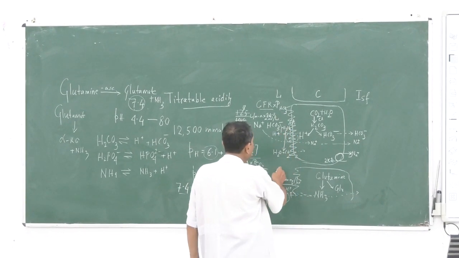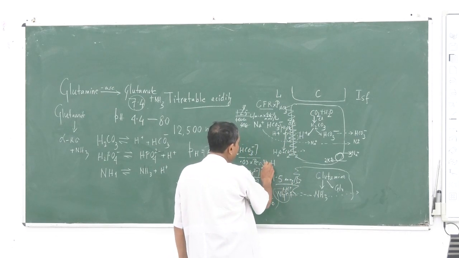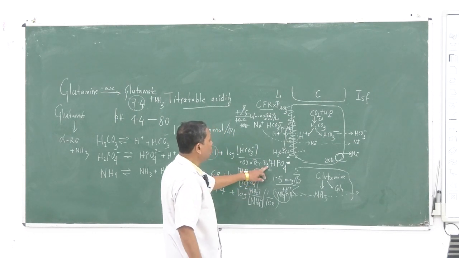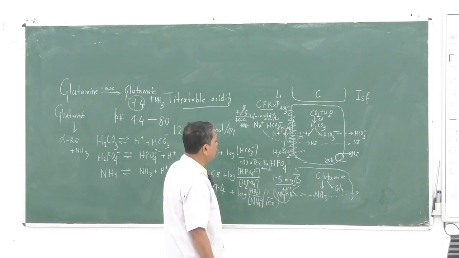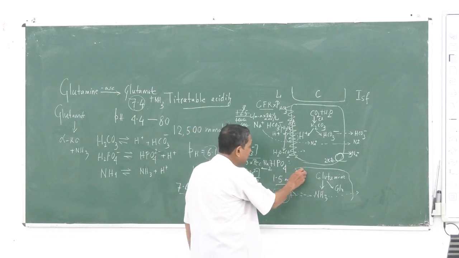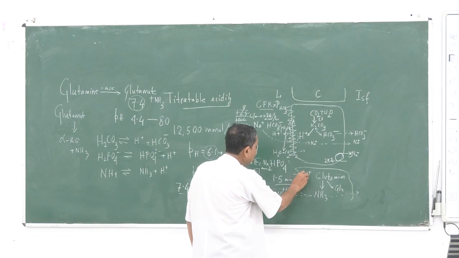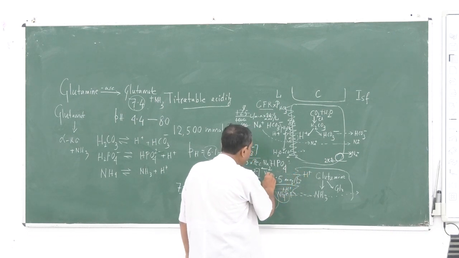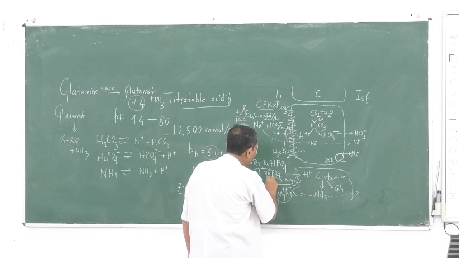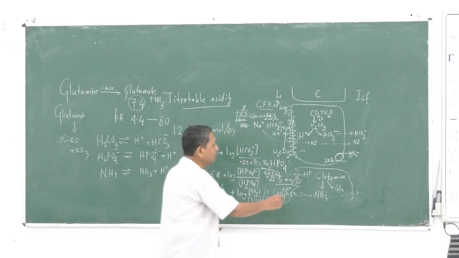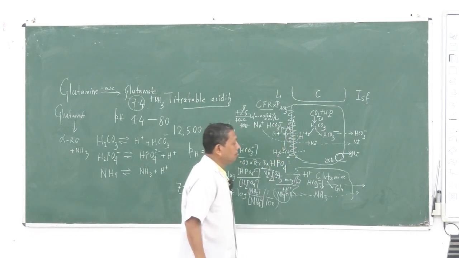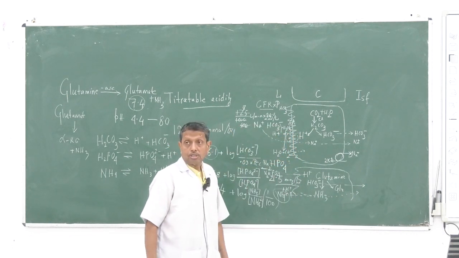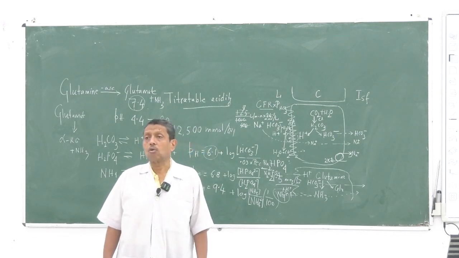Suppose in this lumen, phosphate remains as Na2HPO4. Whenever this hydrogen ion comes, it is converted into NaH2PO4, and the bicarbonate ion that is generated along with it enters the blood by different types of ion channels, along with sodium or against chloride, whatever it may be.